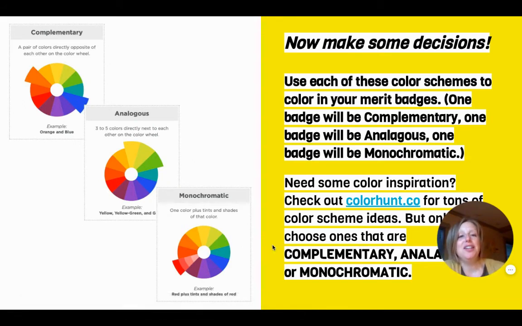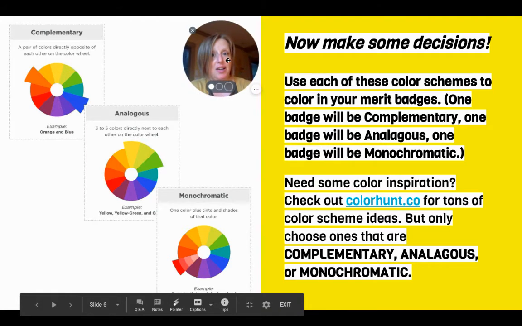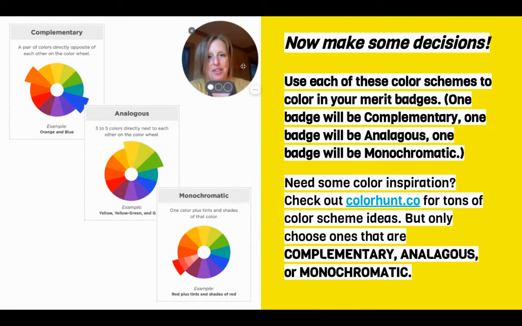So now you need to make some decisions because you're going to start coloring in your Mundane Merit Badges. And I want you to use each of these color schemes to color in your merit badges. So one badge will be using a complementary color scheme. One badge will be using an analogous color scheme.